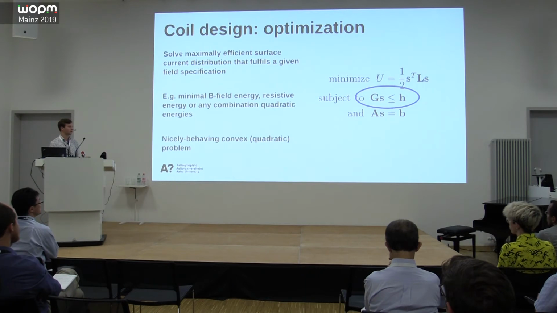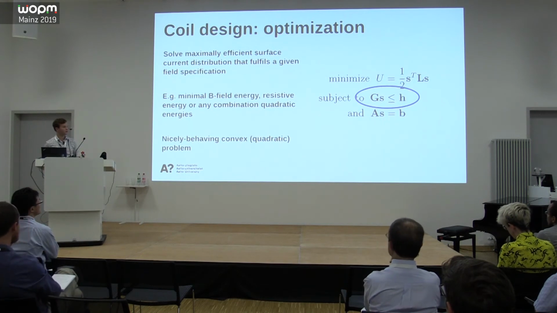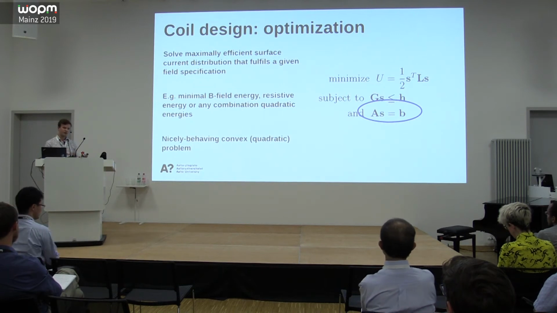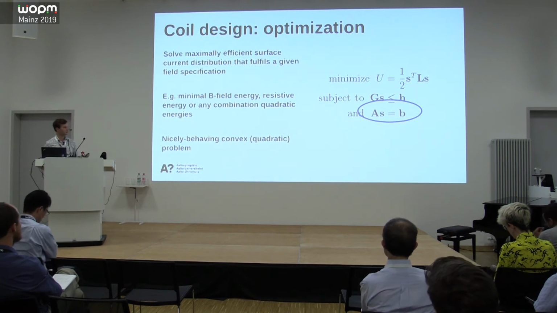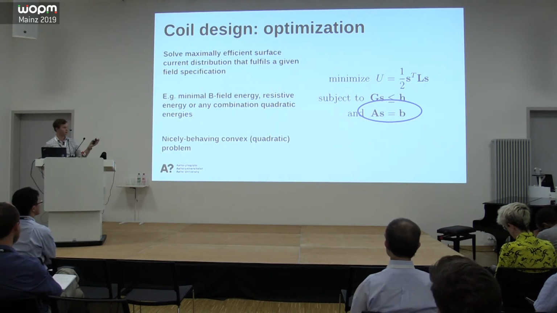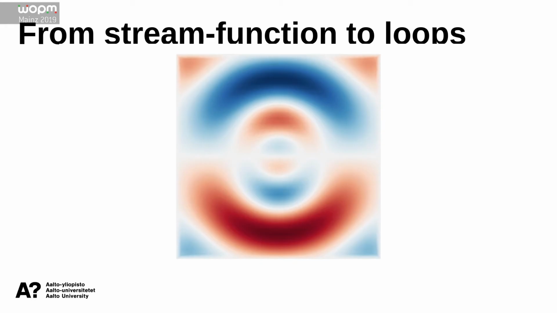And also any other inequality that is linearly dependent on this surface current density. And finally, we don't want any current on the edges of a mesh. It should obey proper laws of physics. So in the same way, coupling matrix times the surface current density, we set those elements to 0.